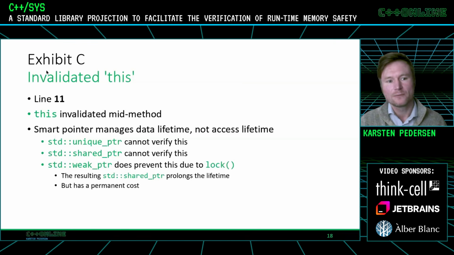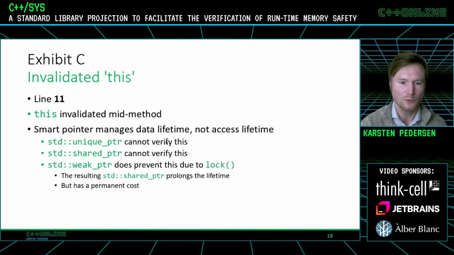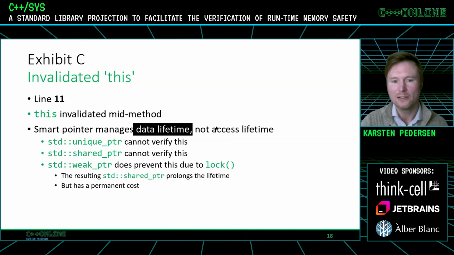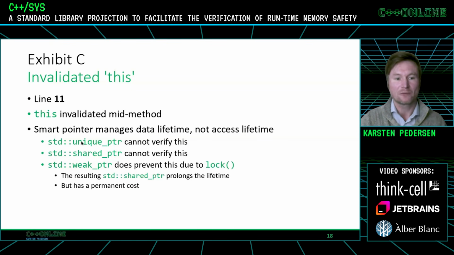So exhibit C is basically this is invalidated mid-method. And you can see that we used a unique pointer, but unique pointers can't actually verify the actual lifespan of access. It manages the data lifetime, not the access lifetime. So effectively, when it became invalidated halfway during the access, it had no way of defending that.